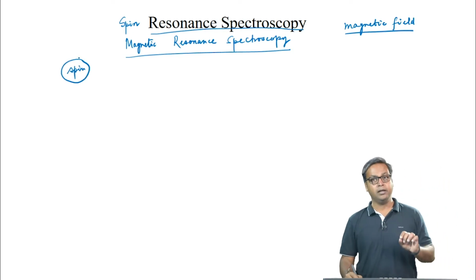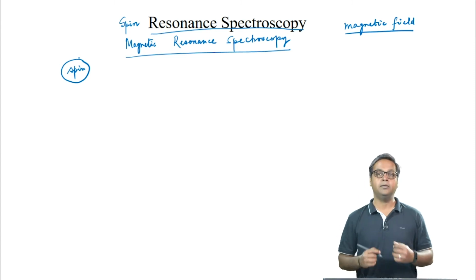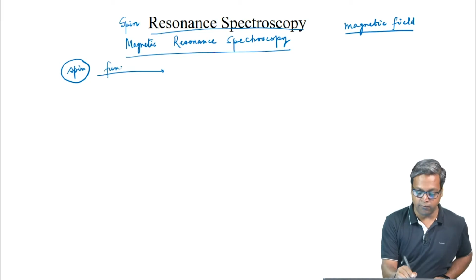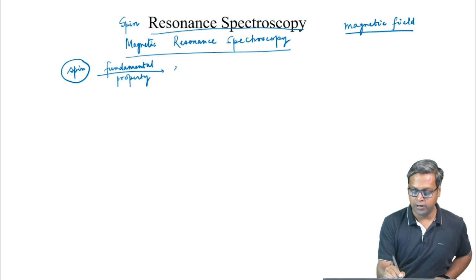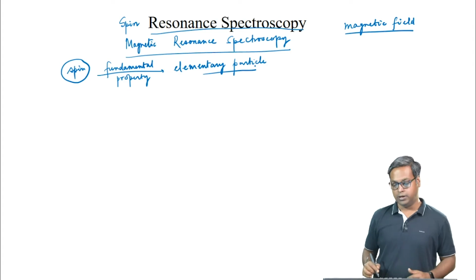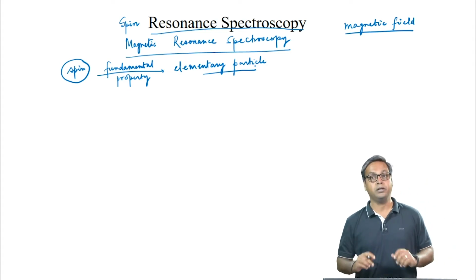So, spin is a fundamental property of an elementary particle. For example, electron is an elementary particle and electron has spin.